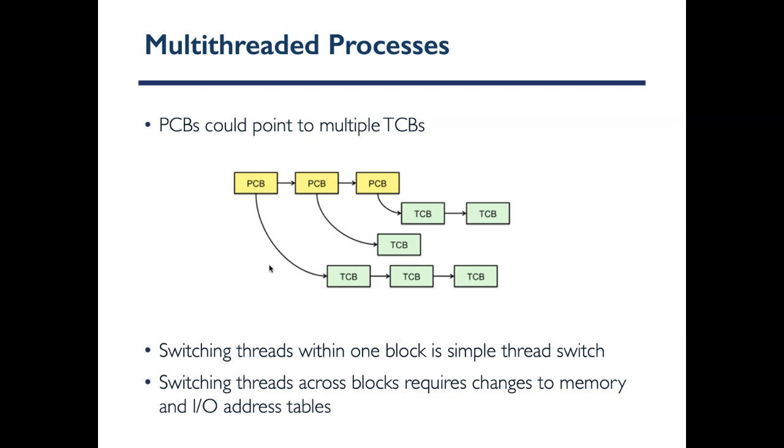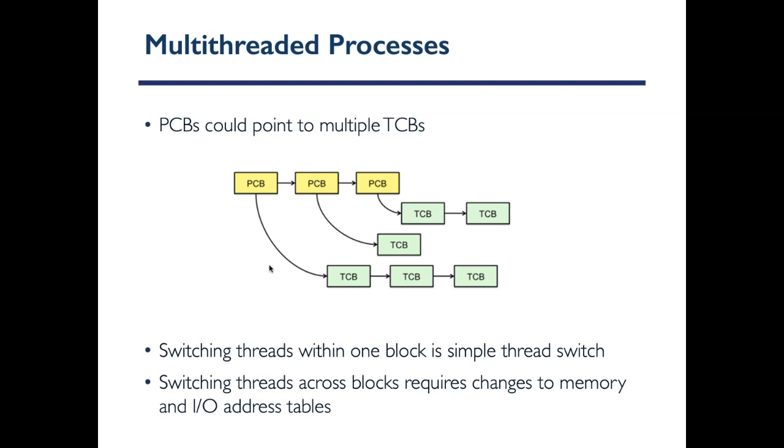Now let's say the next thread to run is thread 1 of process 2. In that case, not only do you have to change the registers, the stack pointer, the PCB, and such, you also have to change the file descriptors, the pointer to the heap, basically the entire memory state has to change, because now this new thread has different file descriptors, a different heap, different code, and such.